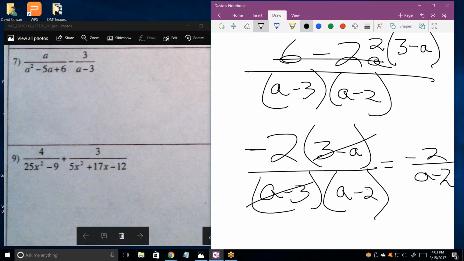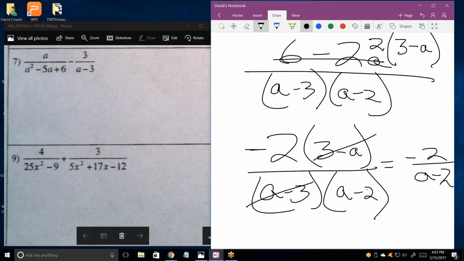What you really need to do is recognize that 3 minus a over a minus 3 is negative 1. So I can cross them out as long as I leave a negative sign behind.